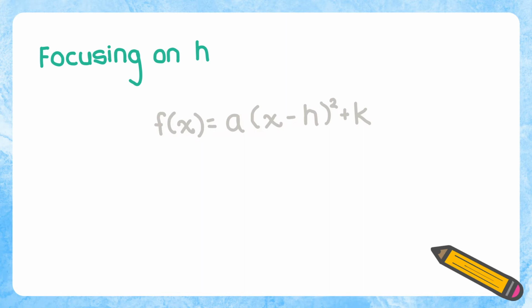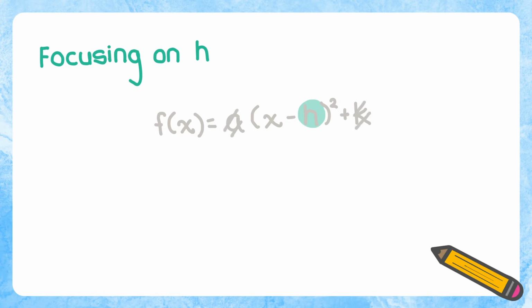So today, we will be focusing on the effects of h. What does the parameter h tell us? For the past few lessons, you've been seeing quadratic functions written in vertex form. So f of x equals a times x minus h quantity squared plus k. But today, we're just going to focus on h.